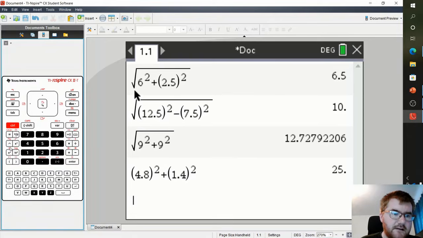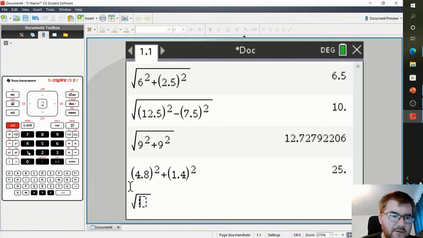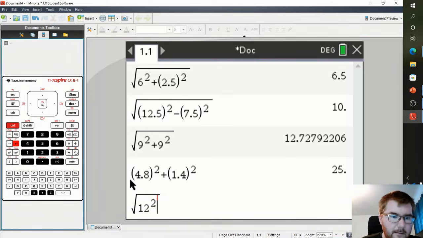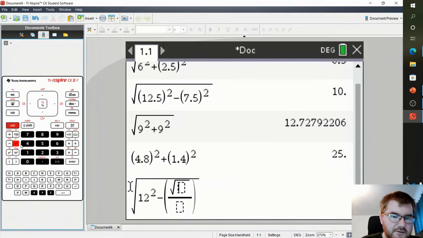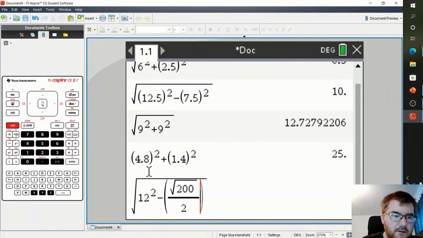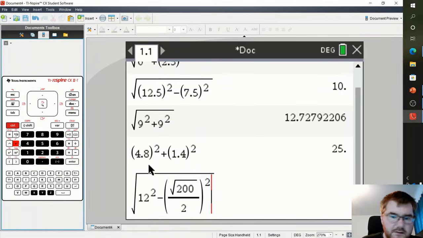Okay, so let's get the square root ready. We have 12 squared. Okay, let's make sure that we're putting the 12 in there. There we are, 12 squared minus, let's get a fraction. There we are, we want the square root of 200 over 2, close bracket, squared.